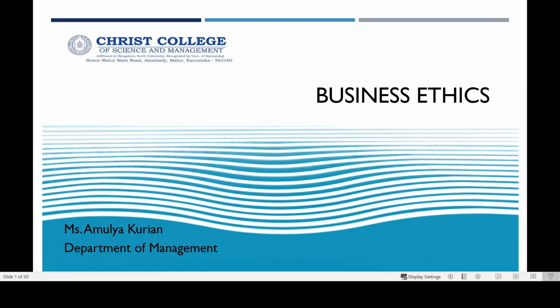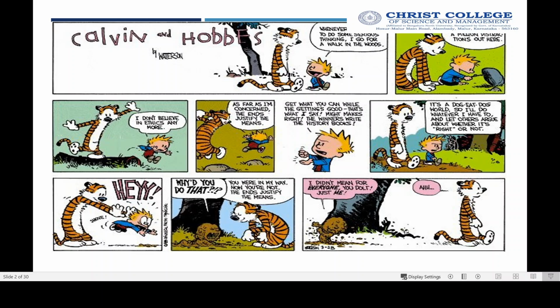I am not sure how many of you are aware of Calvin and Hobbes. In here, there is a talk between both of them regarding ethics, and what is said is, "I don't believe in ethics because I think that the ends justify the means." And suddenly, Hobbes pushes the boy and says, "You were coming in front of me, and the ends justify the means."